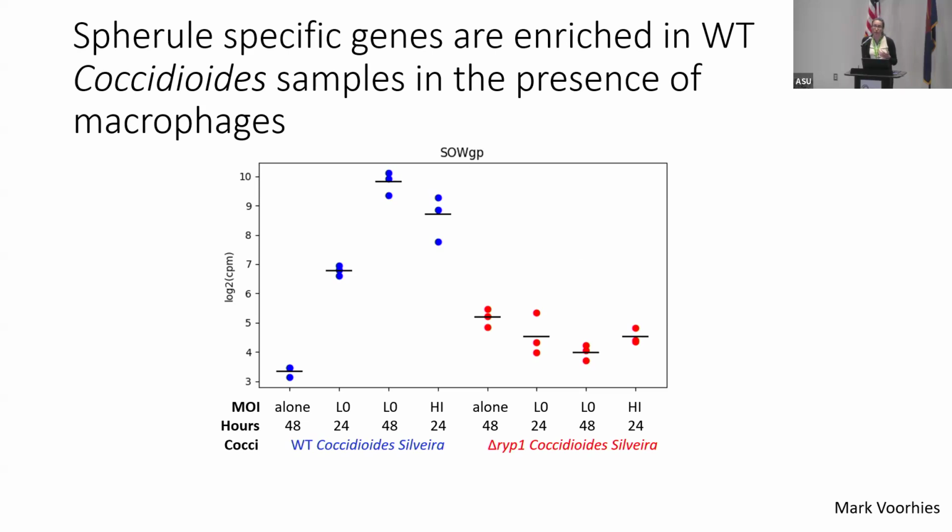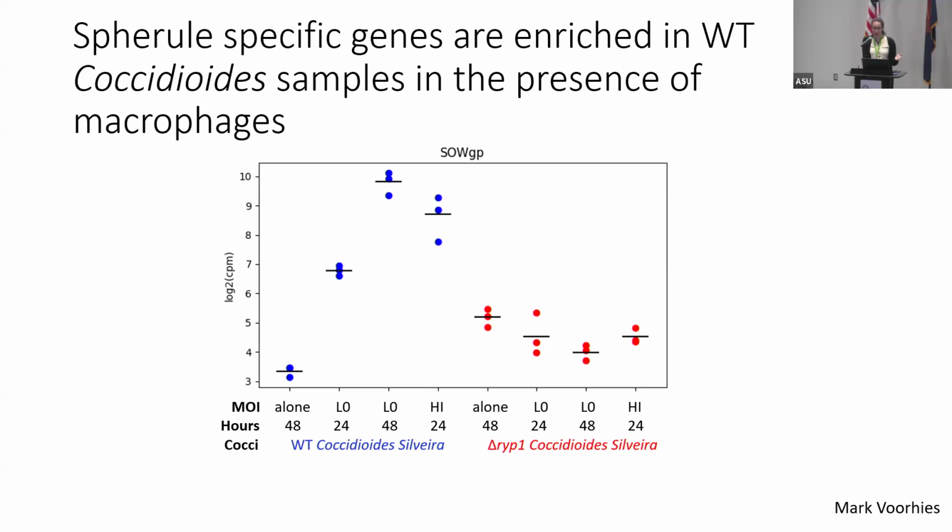And so these are for SOWgp, or spherule outer wall glycoprotein. What you can see here is we have in blue our wild type Cocci, and we have our mutant in red. In the first columns of each of those groups, you see what the expression is for Cocci alone. And then the next three are when Cocci is in the presence of macrophages.